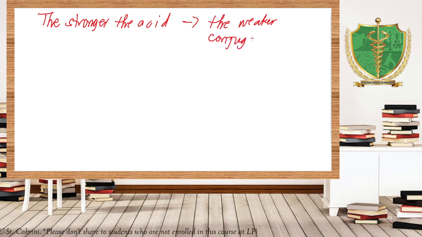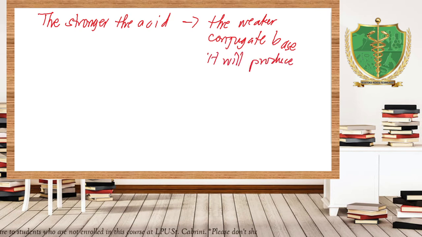The stronger the acid, the weaker conjugate base it will produce. And the other way around. The stronger the base, the weaker the conjugate acid it will produce.